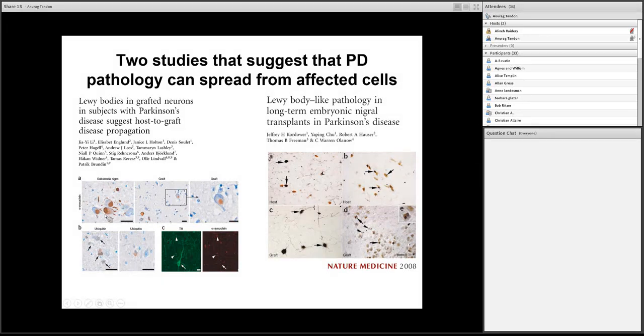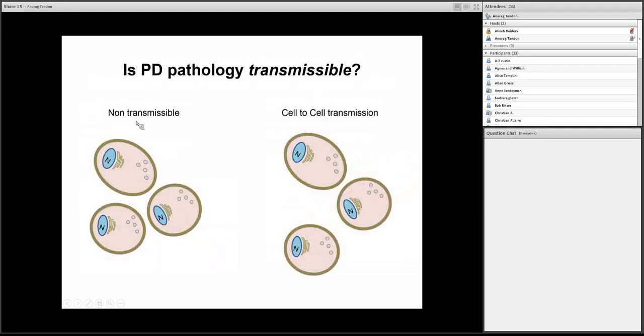In other words, something from the host tissue is being passed on to the grafted tissue and causing Lewy bodies to appear. And this has raised a completely new paradigm in Parkinson's disease, in that we think now that the Parkinson pathology may be transmissible from one cell to another.